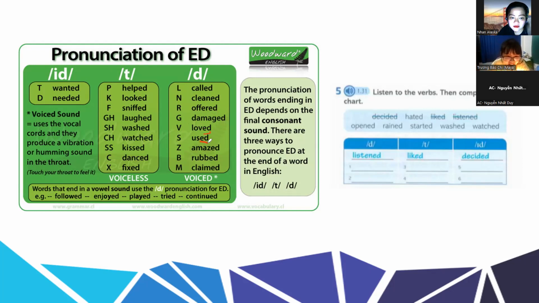Loved. Oh, here. A while ago, you were correct. Used. Okay, so I stand corrected, because a while ago I said this is T, right? I was corrected on this one. Used. Okay. How about this? Amazed. Amazed.